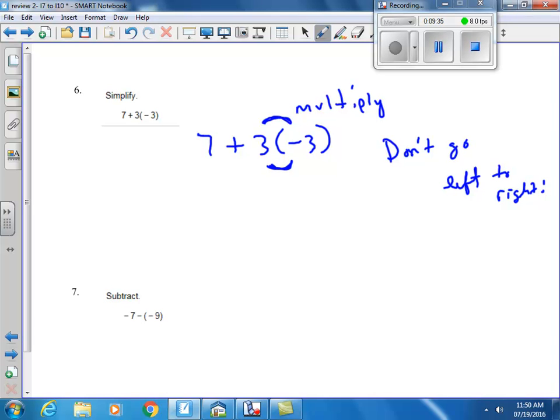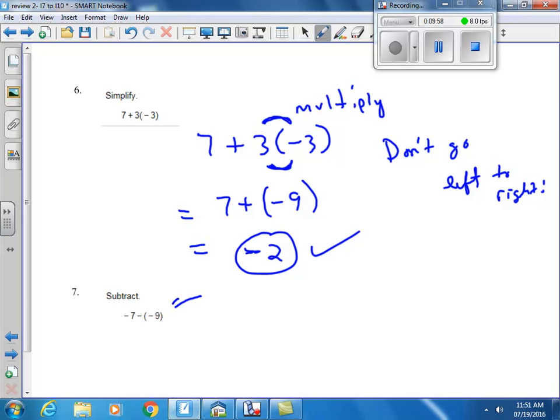So 3 times negative 3 is negative 9. Positive times a negative is a negative. So you have 7 plus negative 9. Well, that really means like 7 minus 9 or 7 lose 9. So you'd be in the hole 2. Again, I'm thinking of money. If I've got $7 and then I lose 9, I'm in the hole 2.